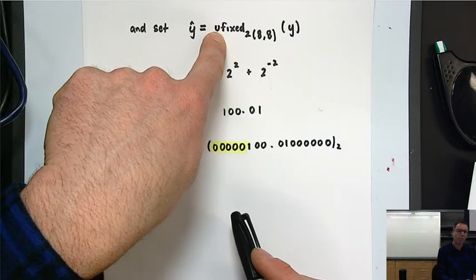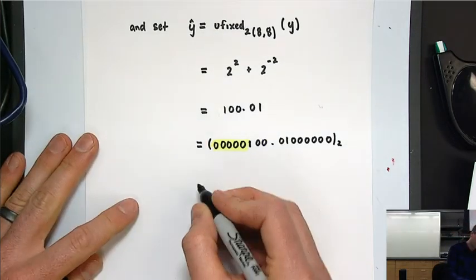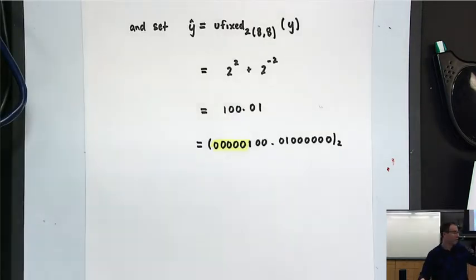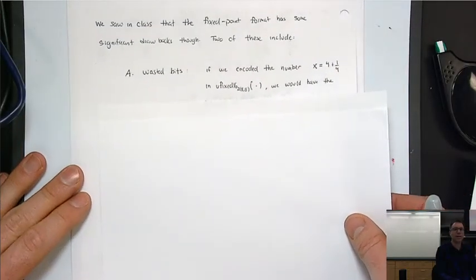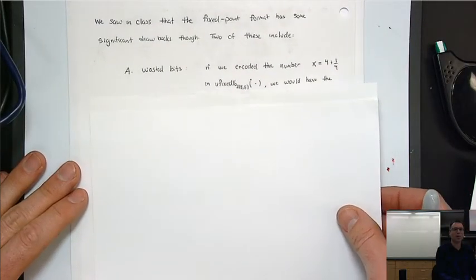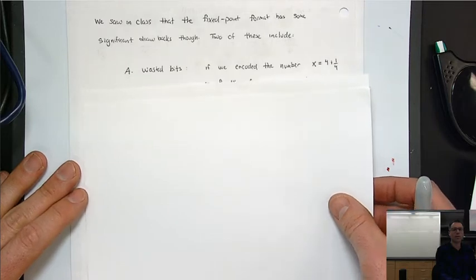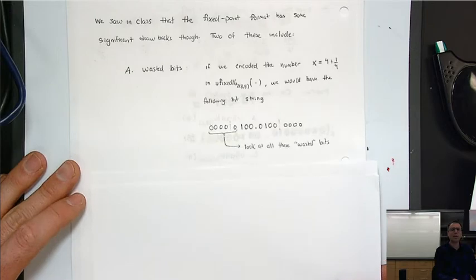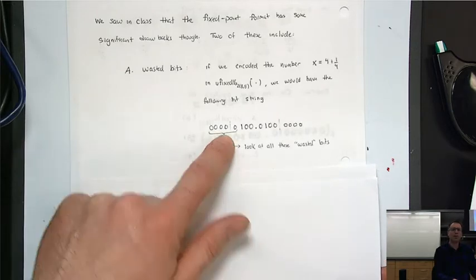I'd like to call attention to it. In the fixed point data class, it's useful in the sense that we get to see how to encode fractional numbers. But when we look at the leading string, all of this information was wasted.